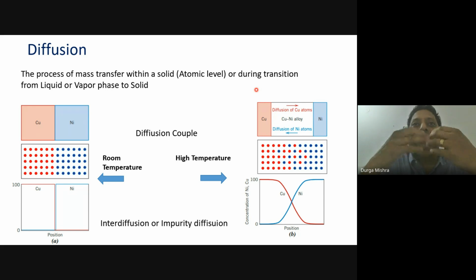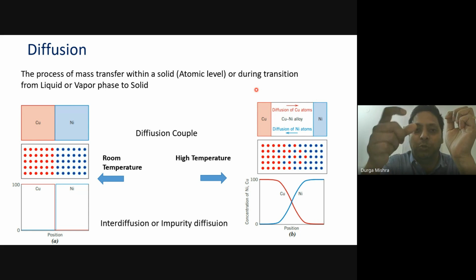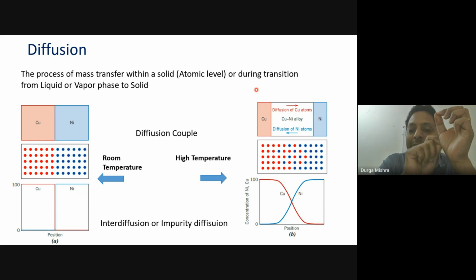In this case we are transferring atoms from one place to another over a certain distance. These atoms are physically moving, and this movement is what we call the diffusion process.